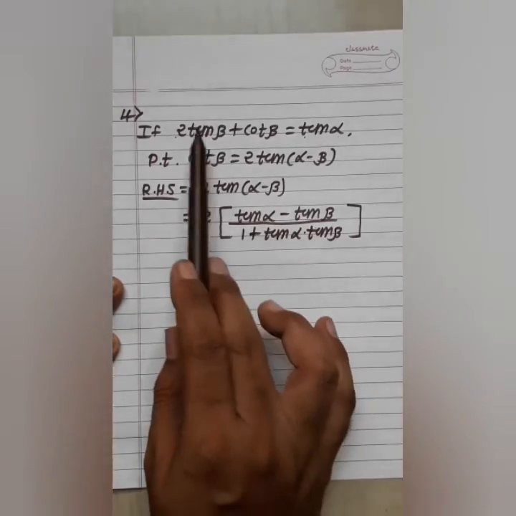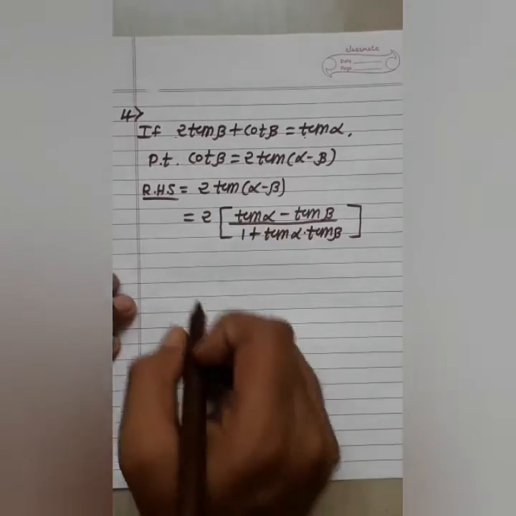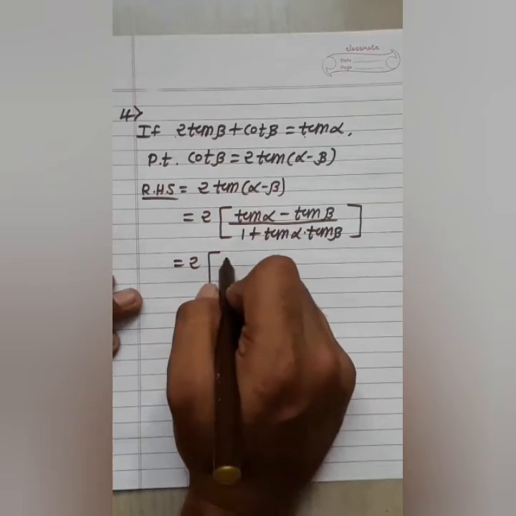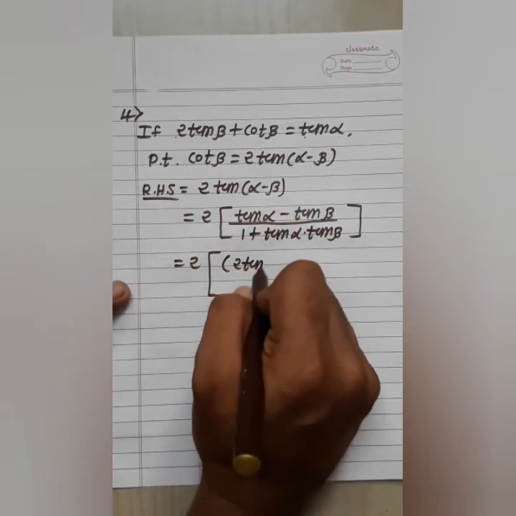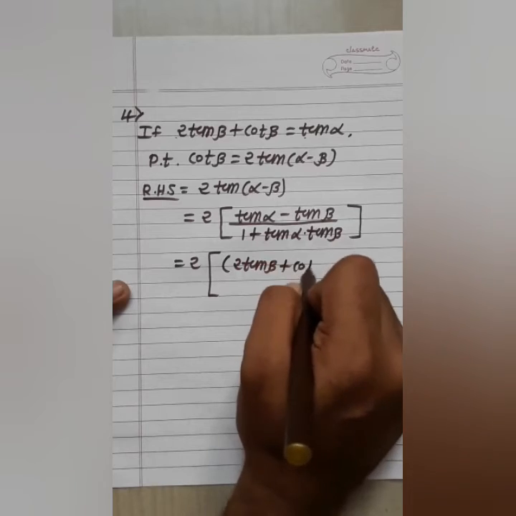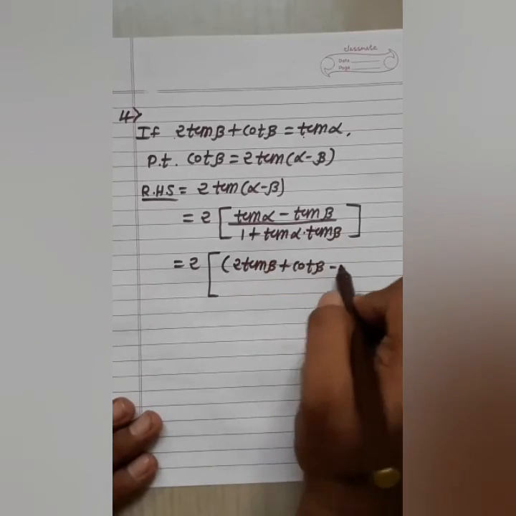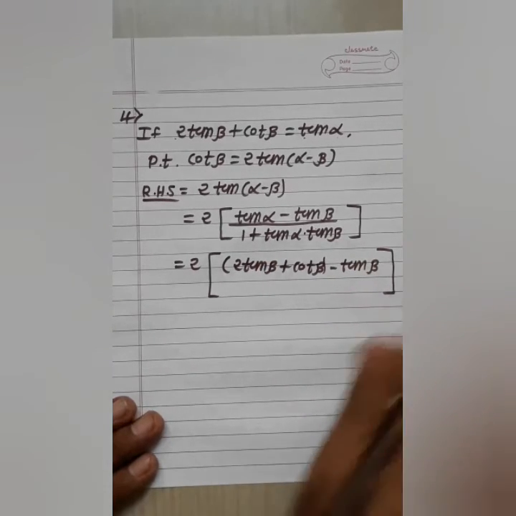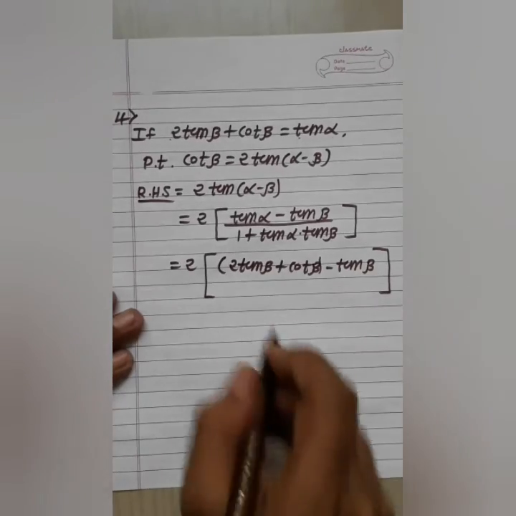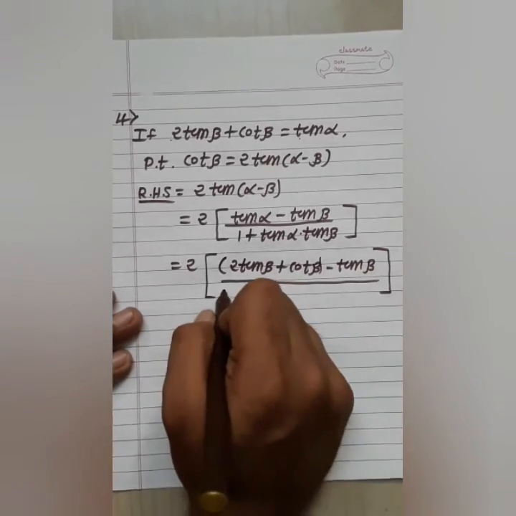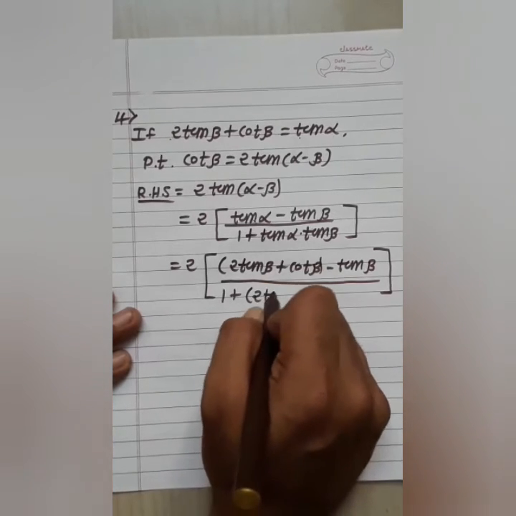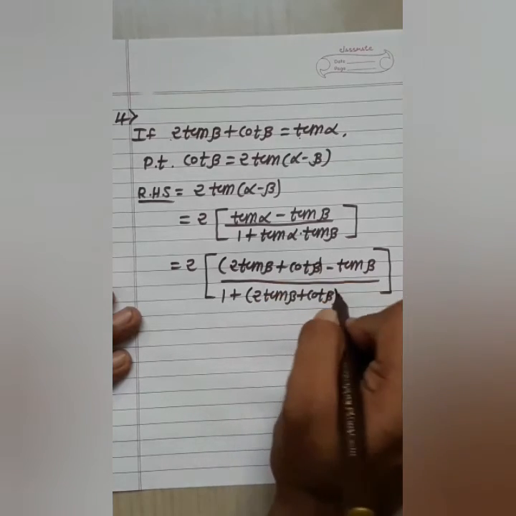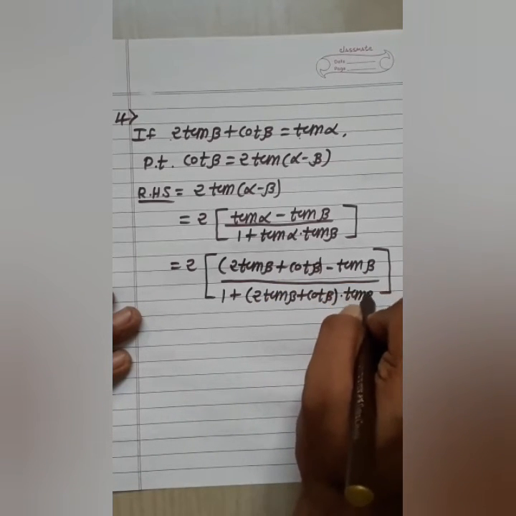So in both places we can substitute this value. So it is equal to 2 into bracket, in place of tan alpha write 2 tan beta plus cot beta, minus tan beta, bracket over. In the denominator term also substitute this value. So 1 plus, in place of tan alpha write 2 tan beta plus cot beta, into tan beta.